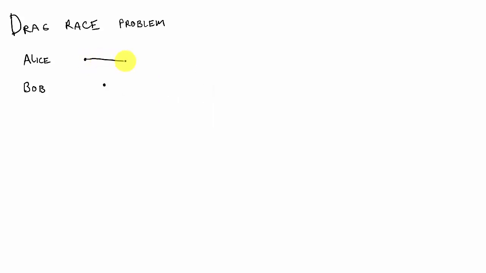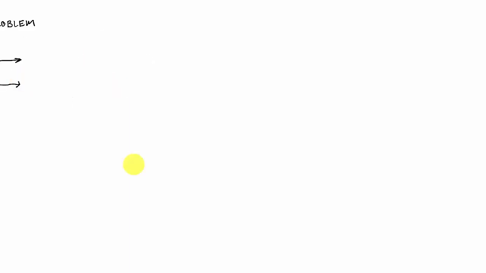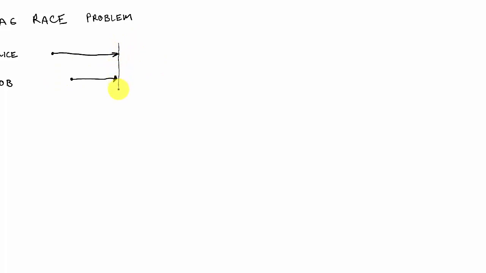Alice has fast reaction and she starts first, while Bob starts a little bit slower.